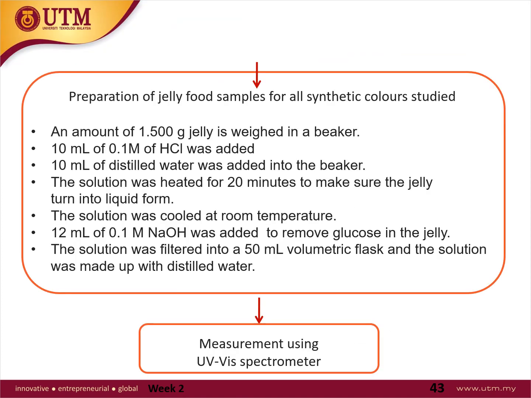Okay, the preparation of the food sample, because it's a jelly food sample, so you treat it as solid, not liquid, the jelly. In here she used acid and base to remove glucose, and then the solution was filtered and made up to the mark with distilled water and measured using the UV visible spectrometer.